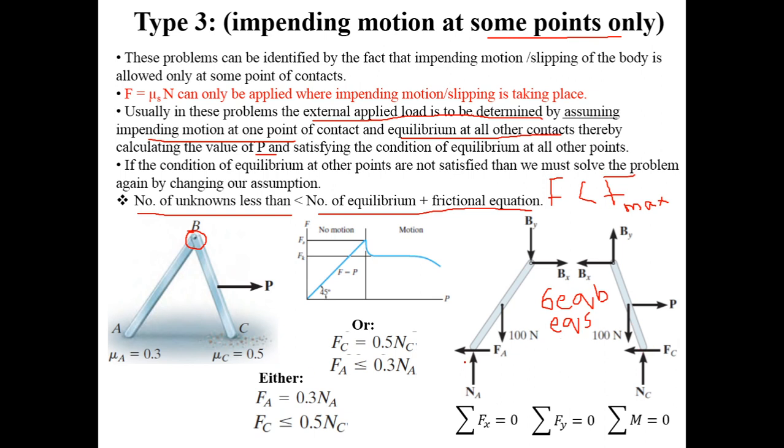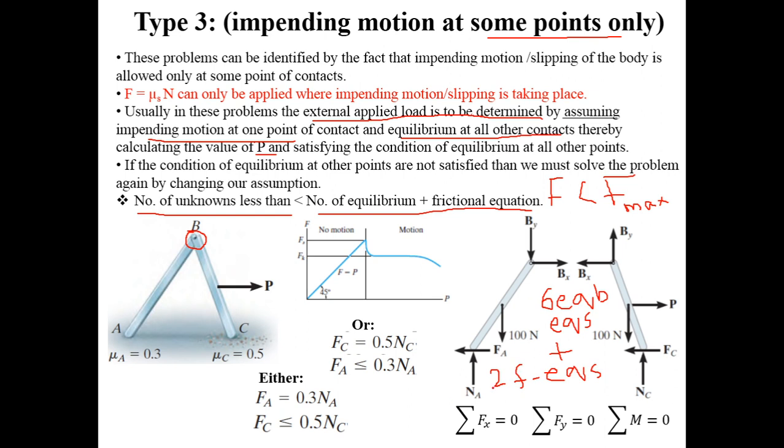And apparently you have two frictional equations. So one friction equation you can apply here, and one friction equation you can apply here, but not simultaneously. Okay. So this means that you have total of 8 equations, two friction equations plus six equilibrium equations.